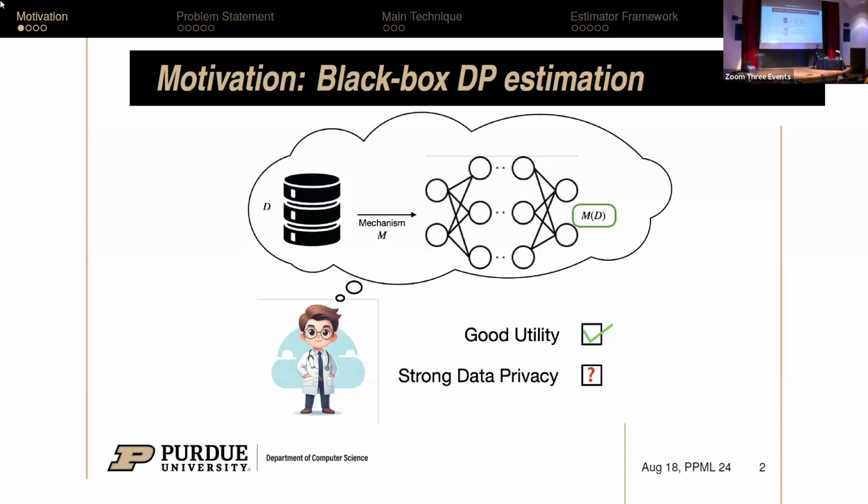We stick to black box estimation here because we don't want to make any assumption on the domain expert's knowledge of privacy. So this enables the domain expert, instead of just the privacy expert, to contribute to the privacy community.